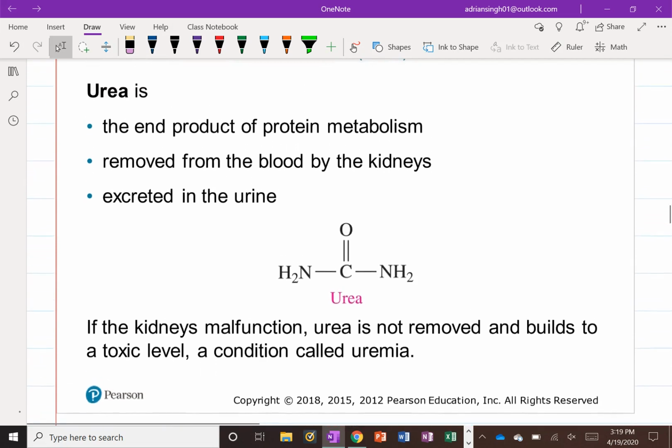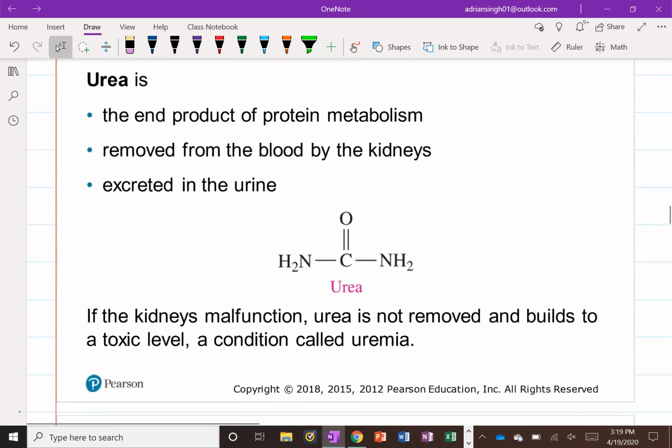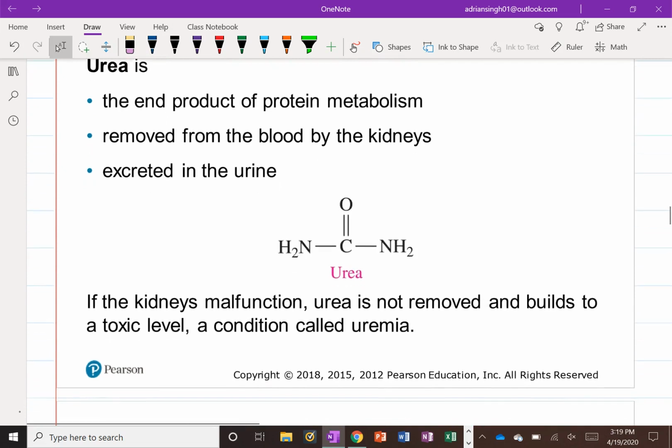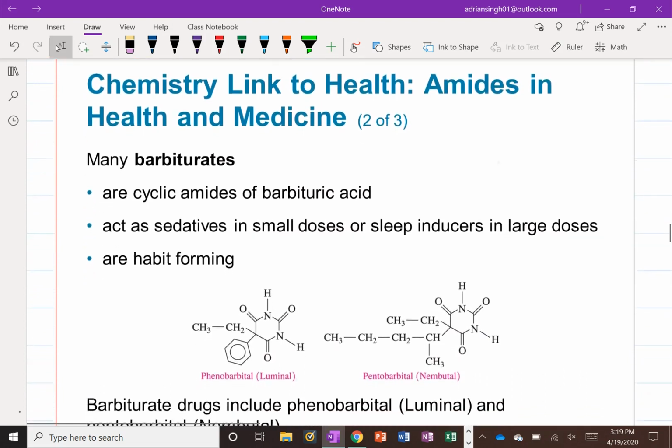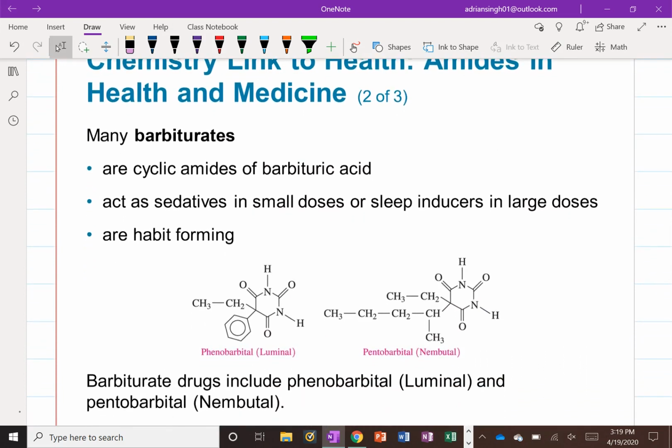And there's a host of conditions associated with the buildup of urea, for instance. You also find amides in several different drugs. So barbiturates are amides that have the functional group present in a ring or a cyclic structure. And these are commonly used as sedatives, or in larger doses they're used as sleep inducers.